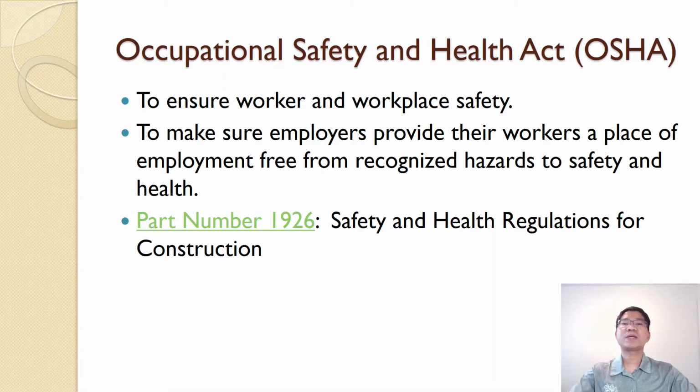So that is to make sure the employer provides the workers a place free from recognized hazards, especially the pandemic. You have it here, and in this case, ensure the safety of the worker and the workplace. So that is all OSHA is about.